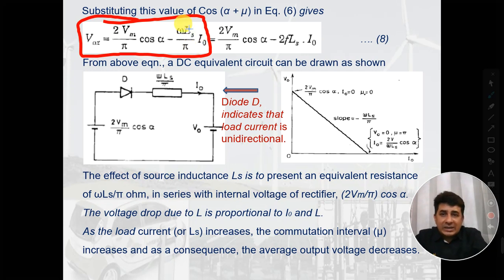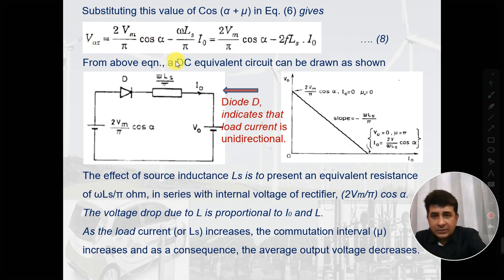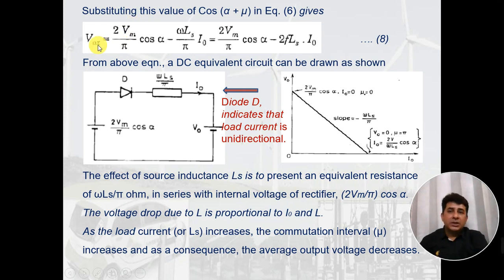That means this is the voltage which got reduced, because for a converter with no source inductance, the output voltage was 2 Vm by pi cos alpha. But with the presence of this inductance, this amount omega Ls by pi into I naught got dropped. So this is a small drop that happens because of the presence of inductance.